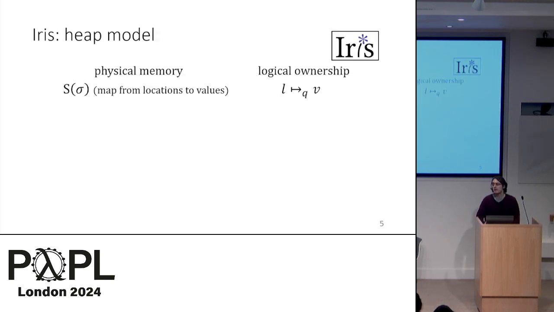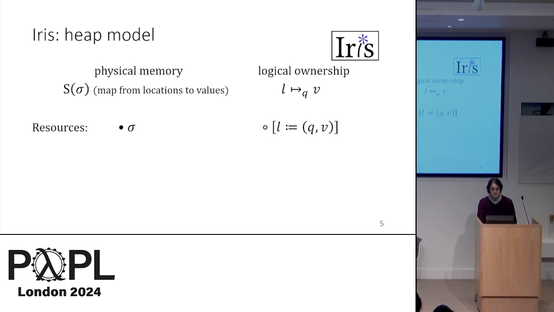So one of the key innovations of Iris is this idea that everything is ghost state, even ownership of memory. And the way that works in an ordinary Iris instance is that we have this physical memory, this monolithic map from locations to their values. And then the points-to assertion is described as ownership of a fraction of that map.